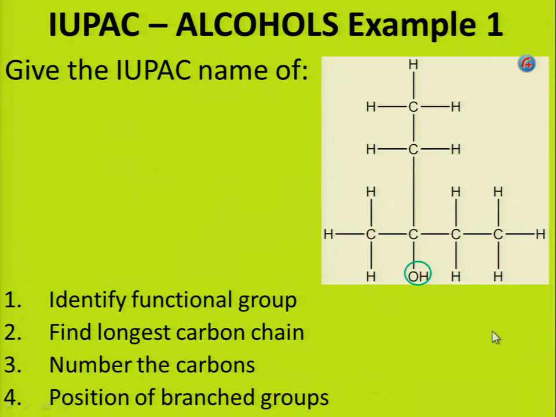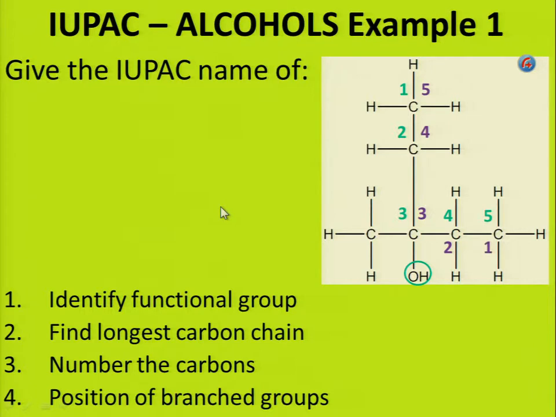The first step is always to identify the functional group. If you see an OH group, you know this is an alcohol. The next step, find the longest carbon chain. So, if you count your carbons, 1, 2, 3, 4, 5, or 1, 2, 3, 4, 5, you'll see that 5 is the longest chain that you can identify.